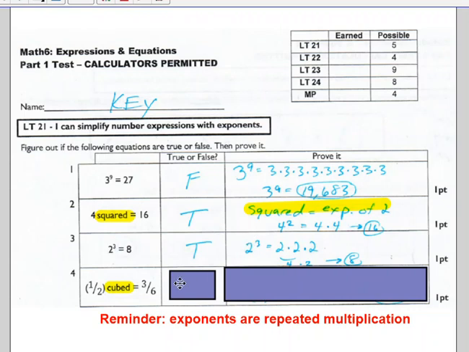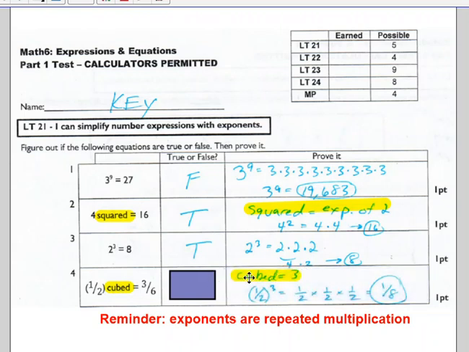In the fourth one, you had to remember, well, if squared means your exponent is 2, cubed meant that your exponent was 3. So I put that right there. So really we want 1/2 to the 3rd power. That would be 1/2 times 1/2 times 1/2. And just a reminder here, when multiplying fractions, you multiply your numerators and you multiply your denominators.